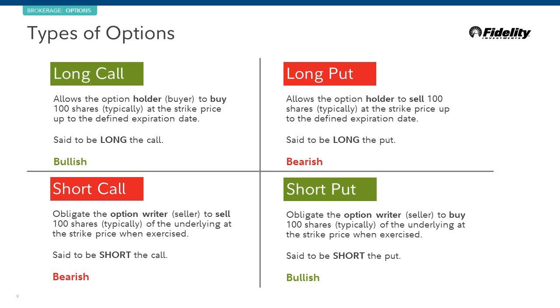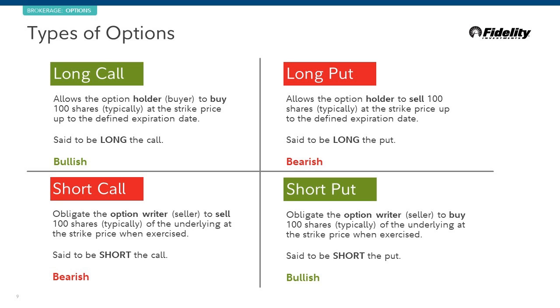So we've got 4 components on this grid. This is going to tell us what the actual strategy is really doing from its simplest form. So working with the top half, let's work with the buyers, with the holders, with the folks that are said to be long the option, working with the long call first.